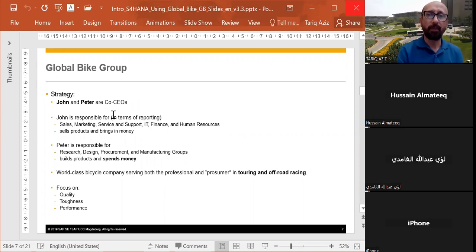They were developing two types of bicycles, one for professionals and one for consumers, and they call it prosumer. So professional plus consumer.